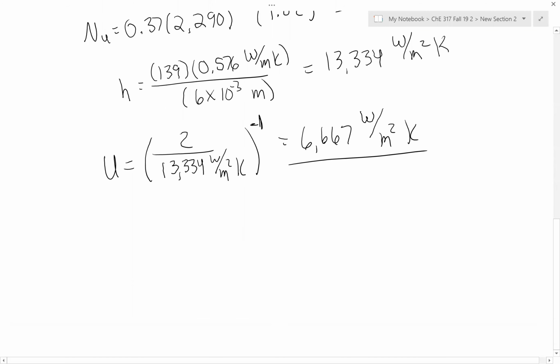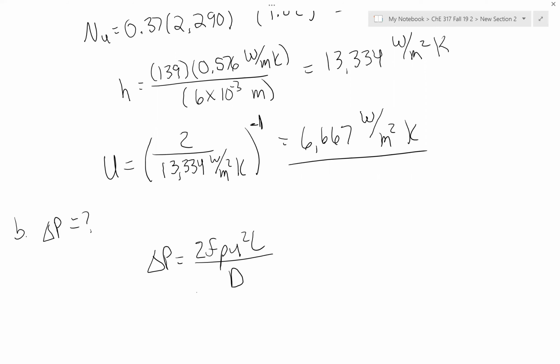The second part of the problem asks to identify our pressure drop. Well, assuming this is turbulent flow, because we have corrugated steel plates, we can calculate our pressure drop as 2 times the friction factor times density times velocity squared times length divided by the effective diameter, where f is equal to 2.5 times Reynolds to the negative 0.3.